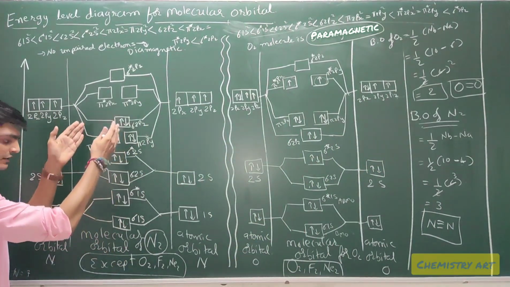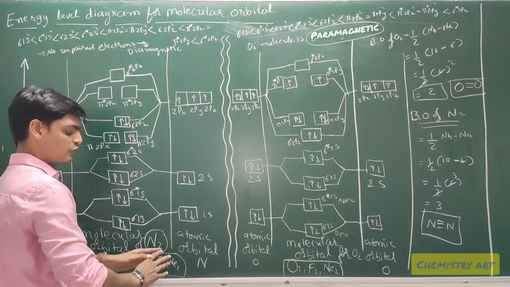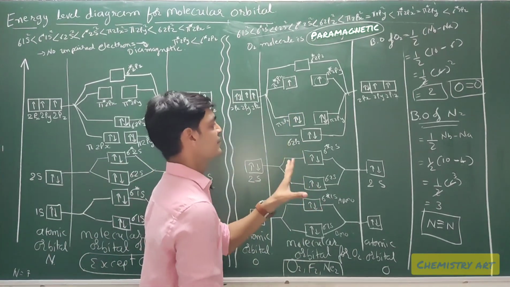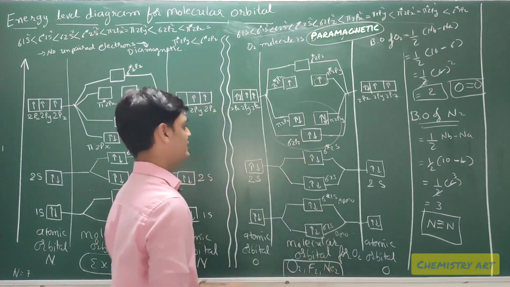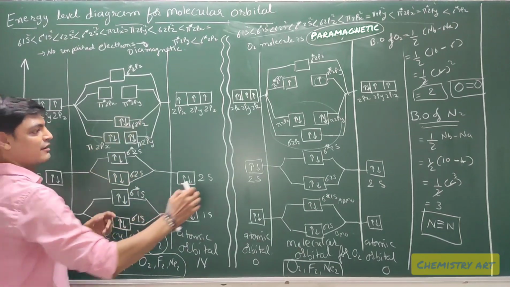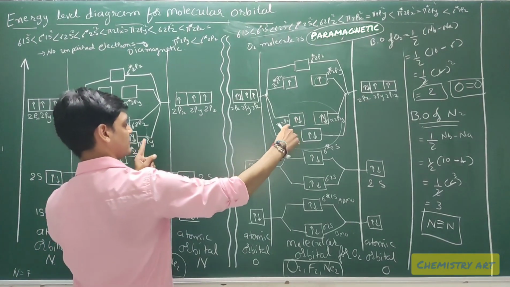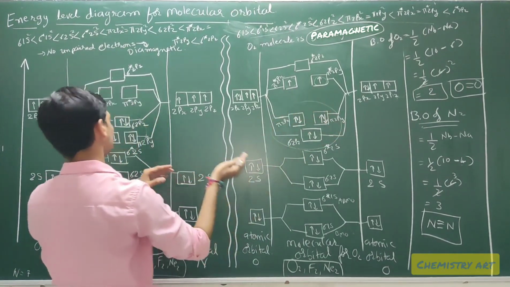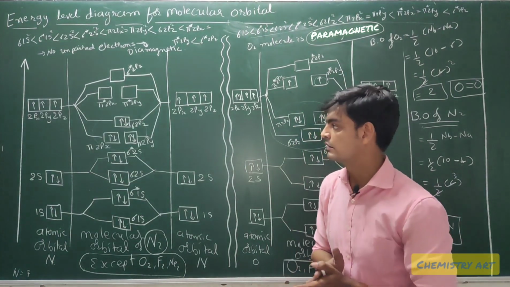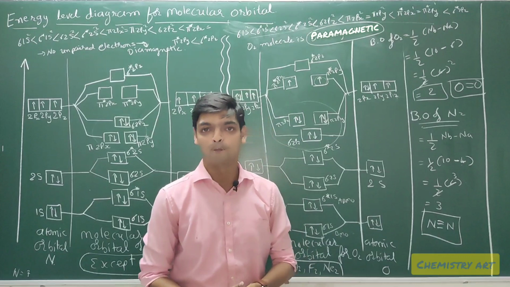This is the order for the molecules except O2, F2, Ne2, because O2, F2, Ne2 follow a different order, where the difference is only here. Here first sigma 2pz, then pi 2px and pi 2py, whereas in the other order pi 2px and pi 2py come first, with lower energy.